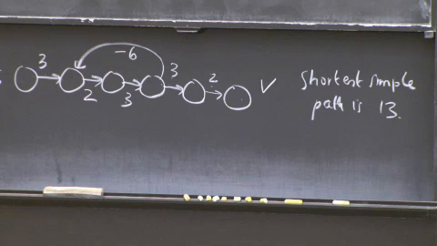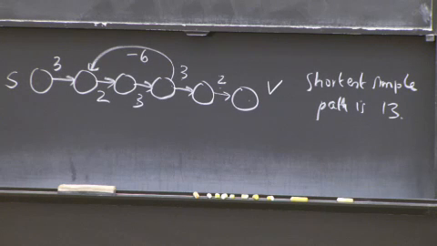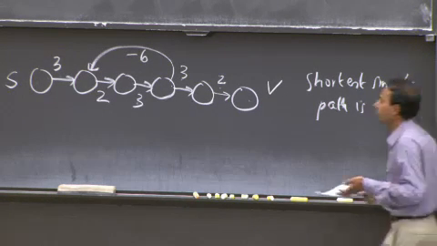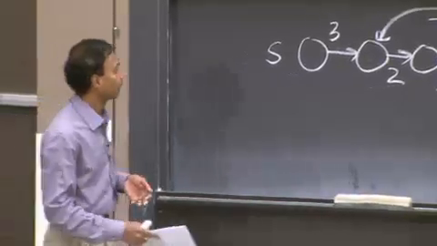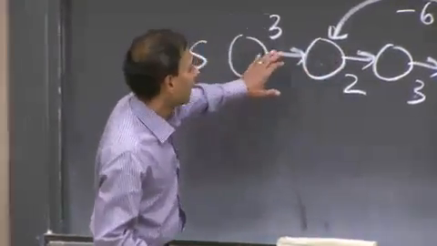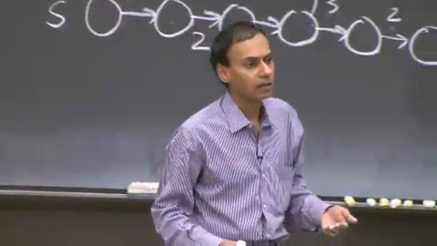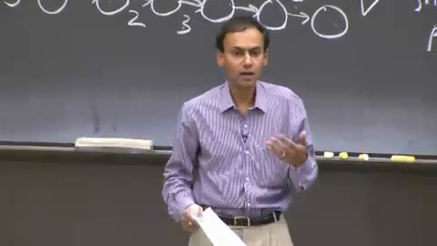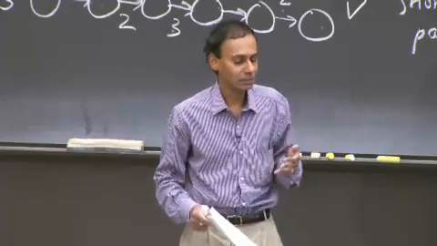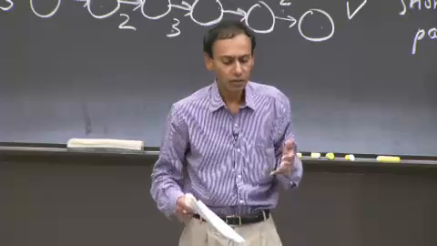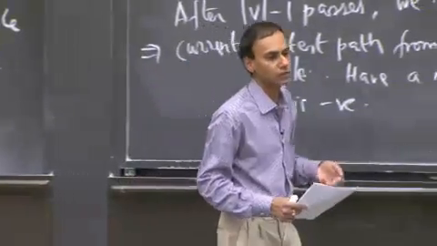After it does its V minus 1 passes, V is reachable from S, but you potentially go through a negative weight cycle before you reach V. So if you have a graph with negative weight cycles, finding the shortest simple path is an NP-hard problem. It's a really hard problem. That's what NP means. No, it means something else that Eric will explain to you in a month or so. But it means that we don't know any algorithm that is better than exponential time to solve this problem.